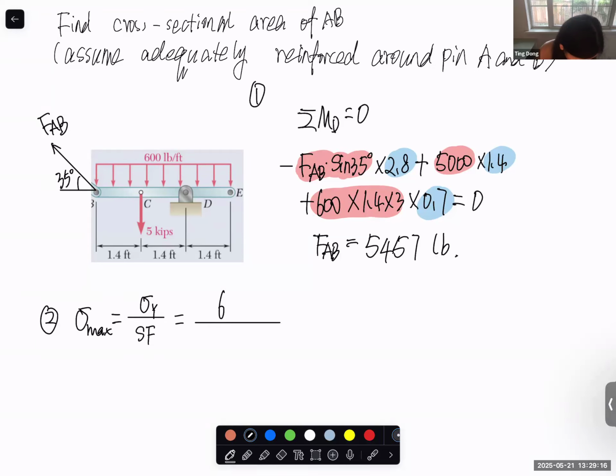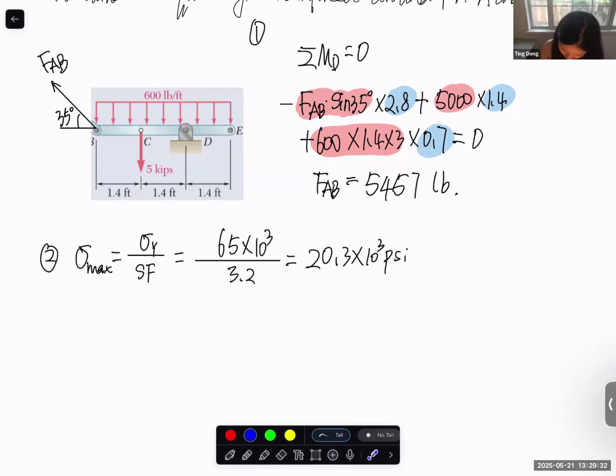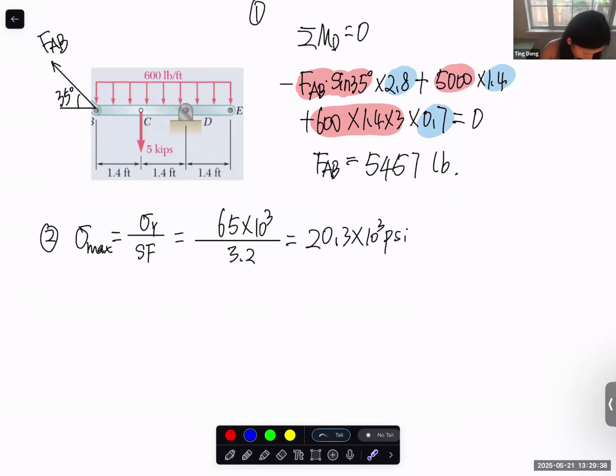Let's convert to PSI. Safety factor 3.2. Now we have pounds, we have PSI. The dimension we get will be inches. Area should be inch squared.